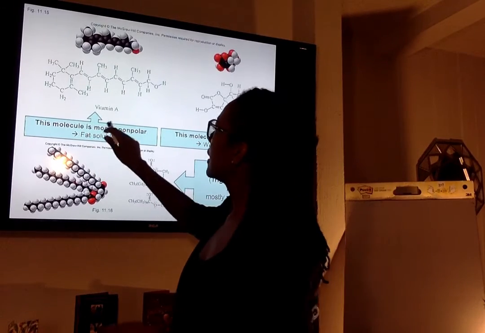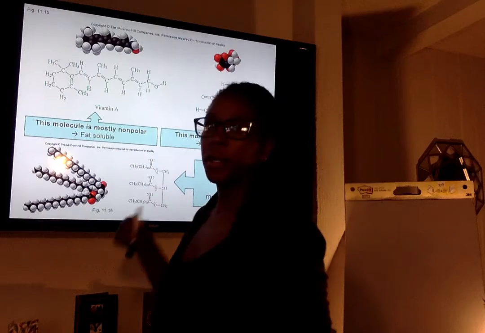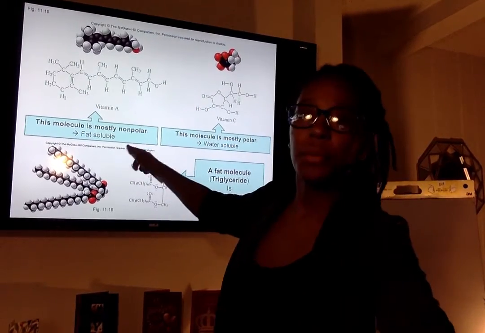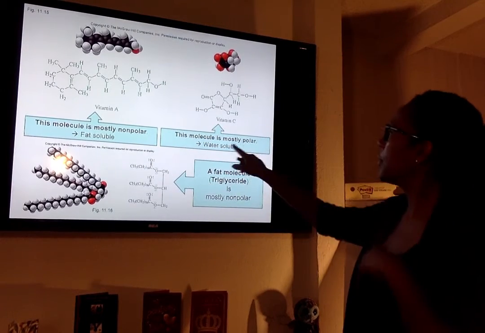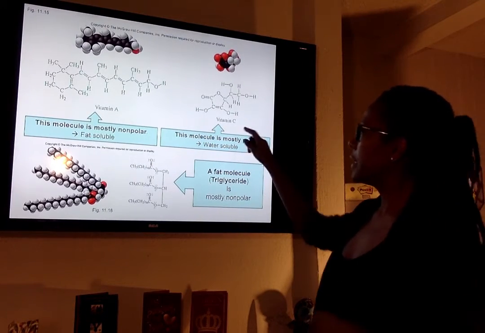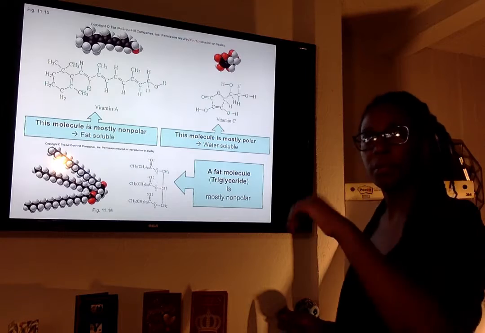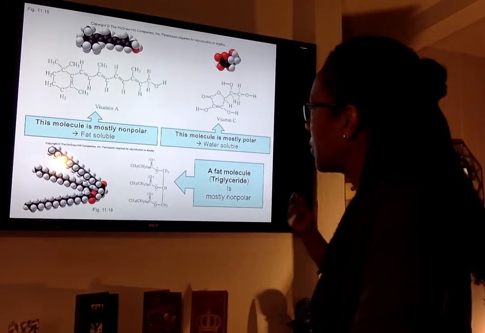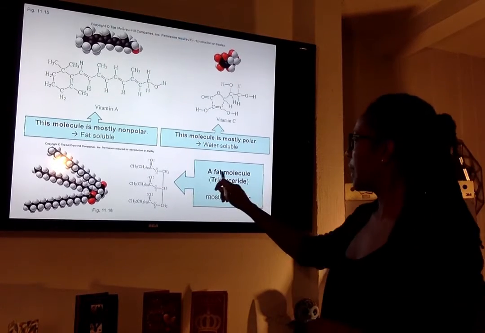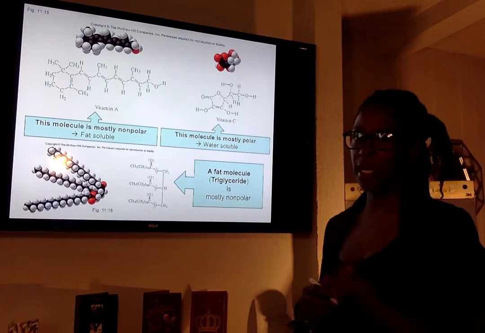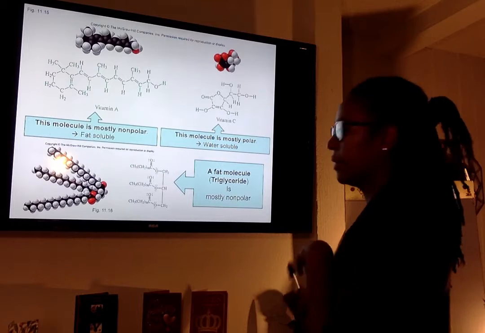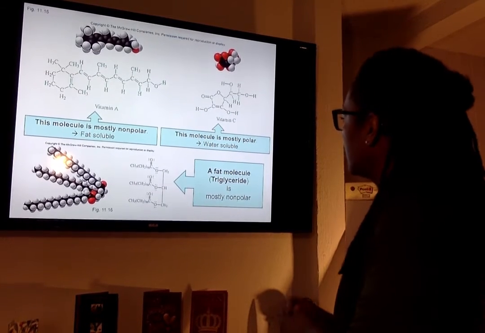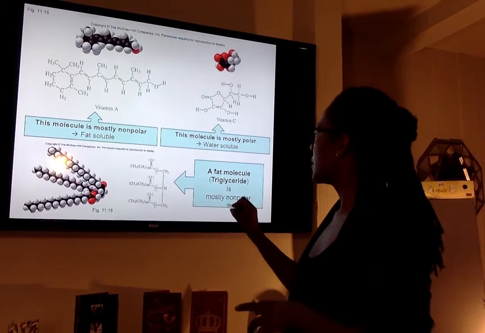So this vitamin A is nonpolar, and the fat is going to be nonpolar, so that's why this is fat soluble. Vitamin C is polar, so it's going to be able to dissolve in water, which means soluble. And then a fat molecule, which is also a triglyceride, which you'll learn a lot about in biology or organic chemistry, is mostly nonpolar.